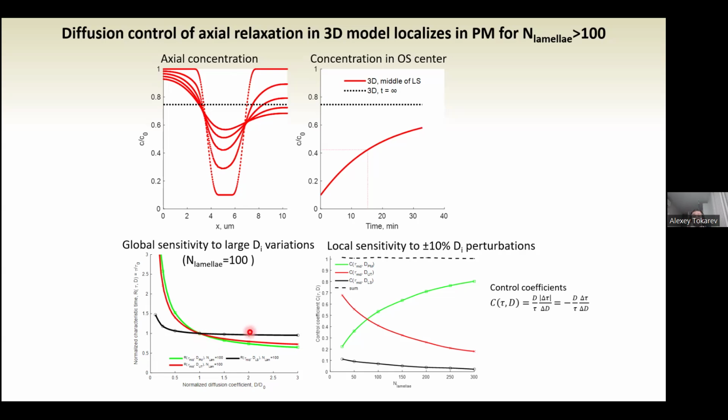The results of this sensitivity analysis are plotted here, and on this axis we plot the number of lamellae. This situation corresponds to 100 lamellae, this one. We can now use the number of lamellae as an additional parameter when we study our system.